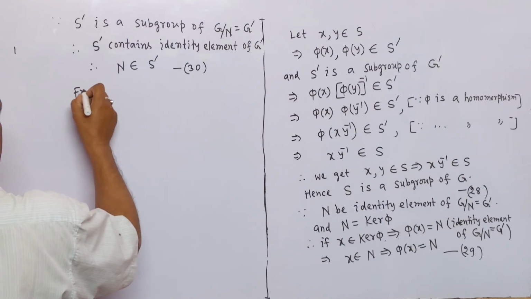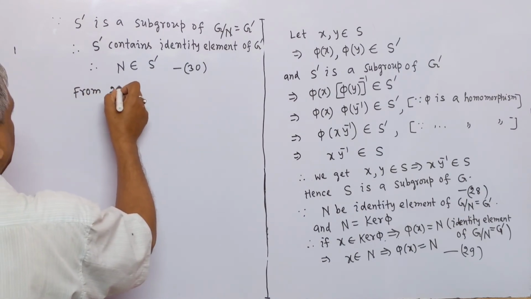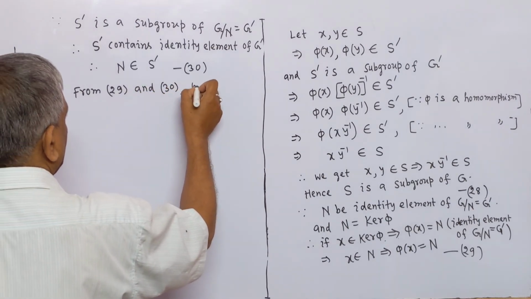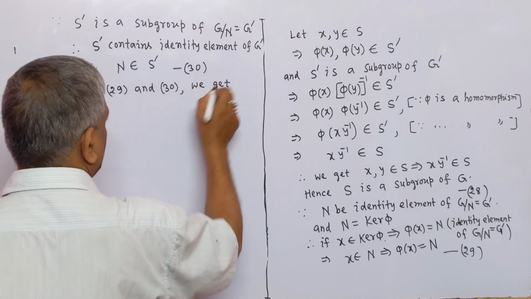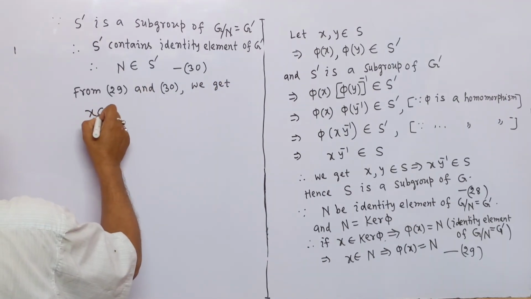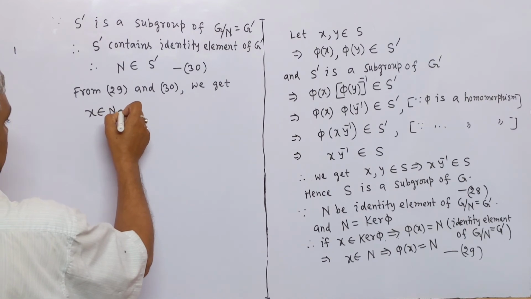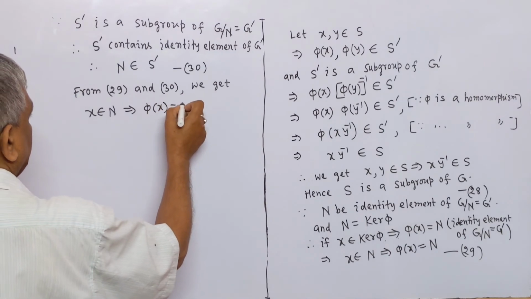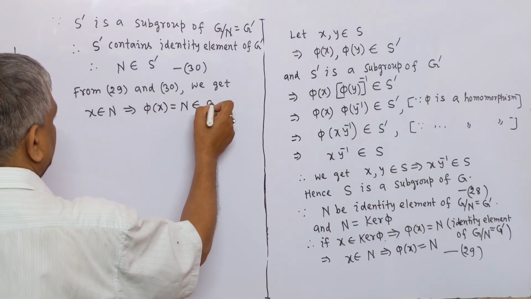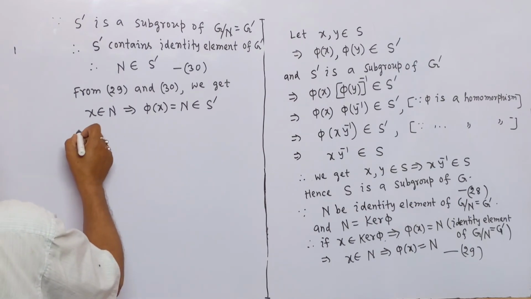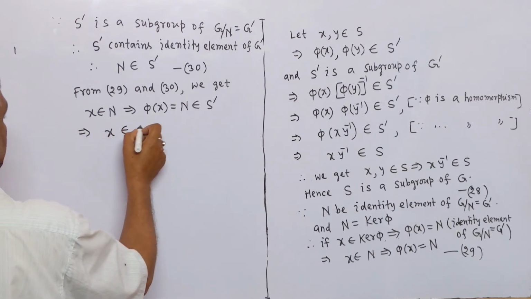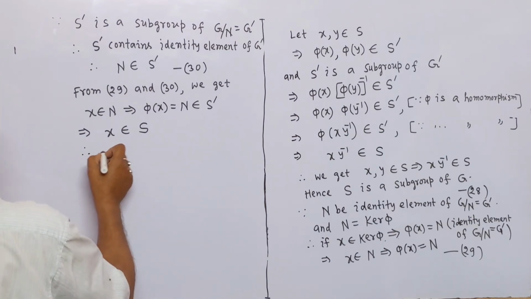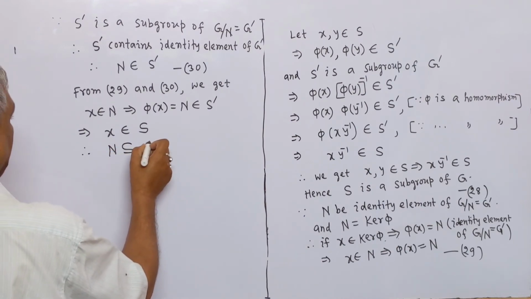From 29 and 30, we get x belongs to N, implies that phi x equal to N belongs to S prime, implies that x belongs to S. Therefore, N is a subset of S.